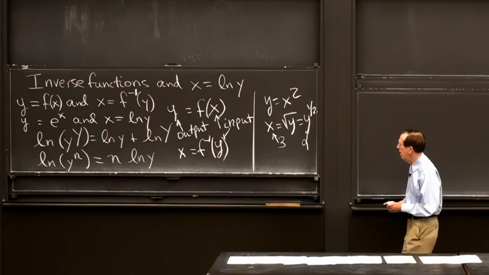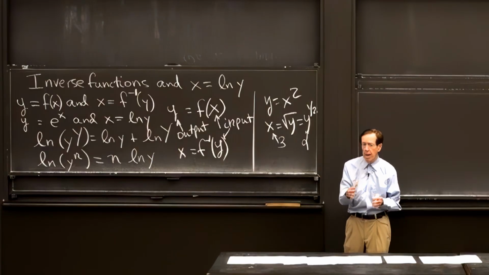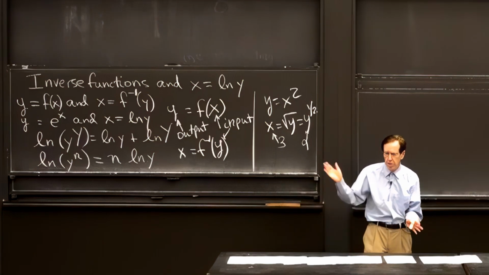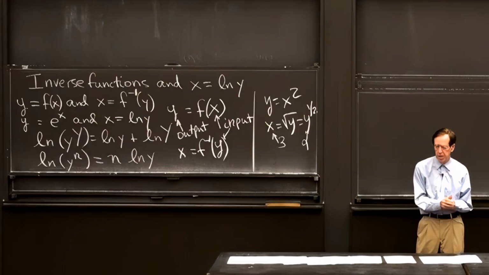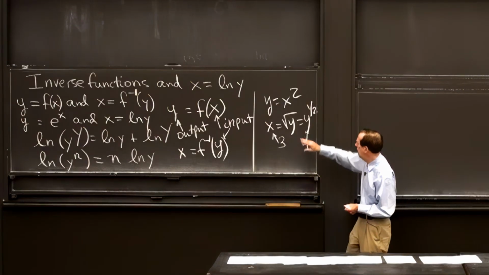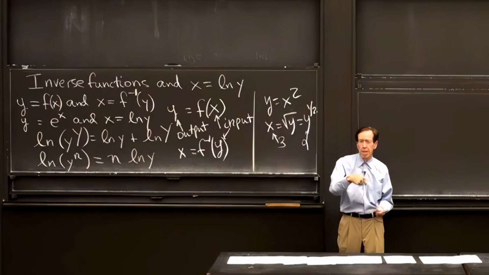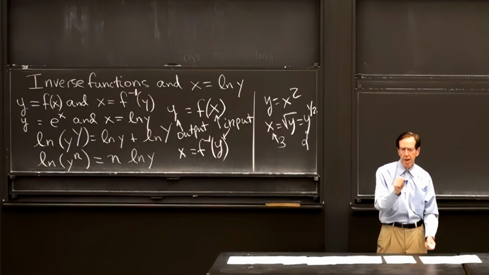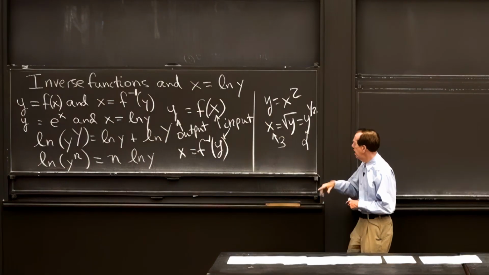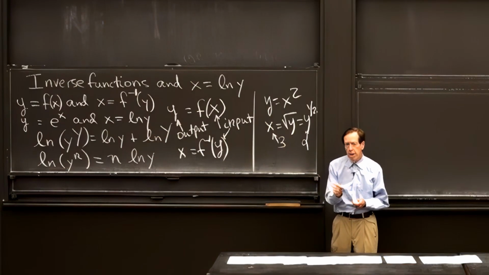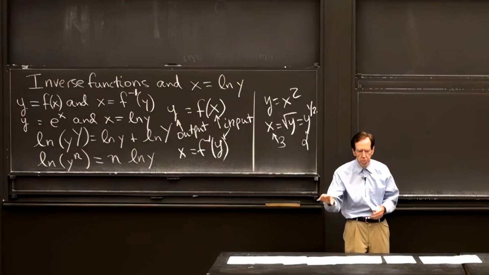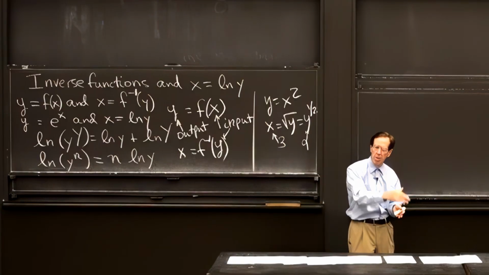Well, why not? Because if I allowed x equal -3 as one of the inputs, if I extended the function x squared to go for all x's, then y would be the same answer, 9. So I would be getting 9 from both 3 and -3. And then in the inverse, I wouldn't know which one to go back to. In the inverse, the input would be 9, but should the output be 3 or -3?